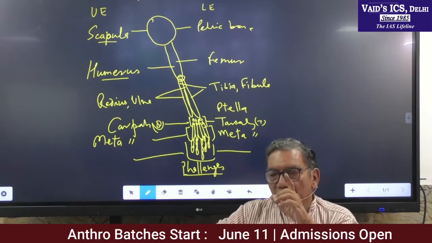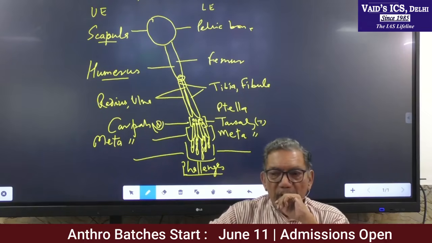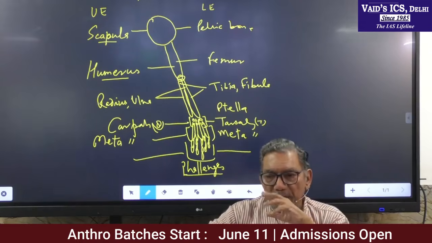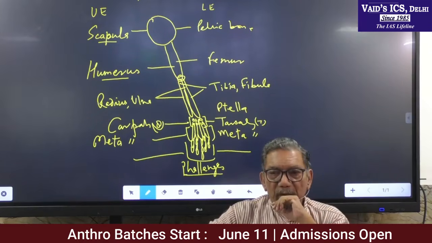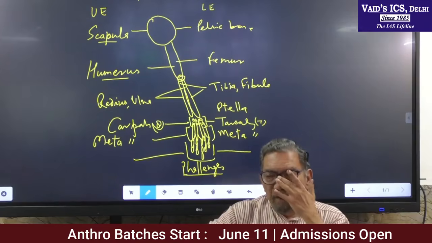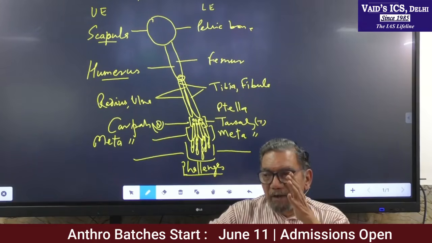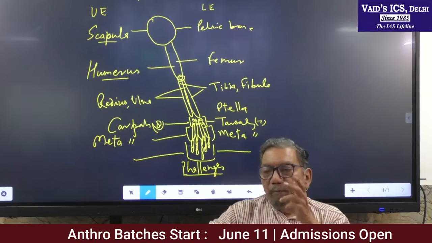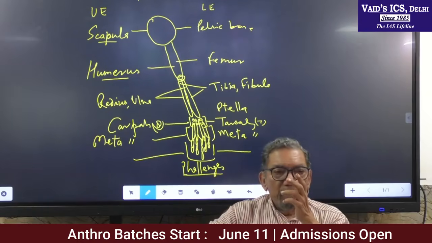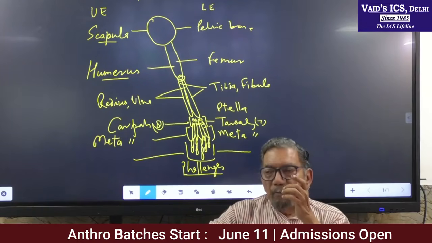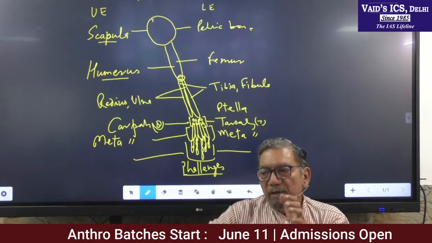Then take out the photocopy, supplement. In the supplement, chapter 3 is there, Miocene hominoids: Dryopithecus, Shivapithecus, Gigantopithecus.